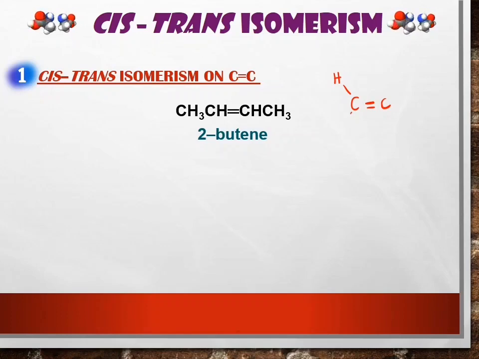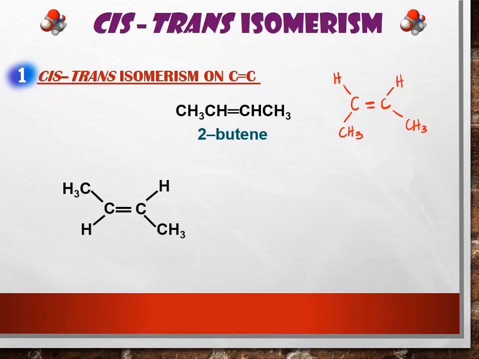This is the carbon-carbon double bond, and this carbon is bonded to 1 hydrogen and this group of atoms. The second carbon is also bonded to hydrogen and CH3. So this compound already fulfills the 2 criteria of a cis-trans isomer.